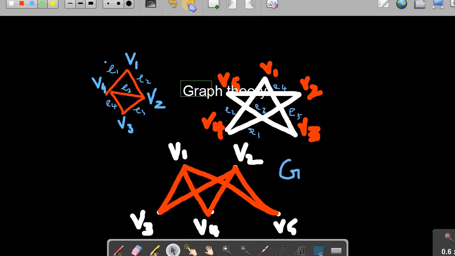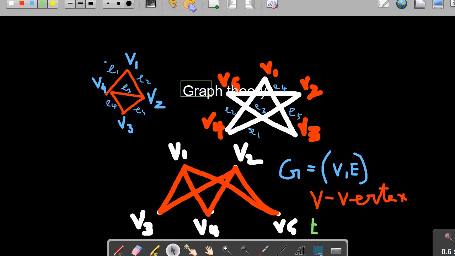Any graph can be given a mathematical notation like this. A graph is a two-tuple consisting of a set of vertices and a set of edges, where V is the set of vertices and E is the set of edges. So the notation is G equals (V, E), where V is the set of vertices.